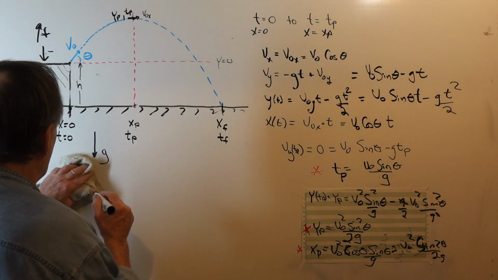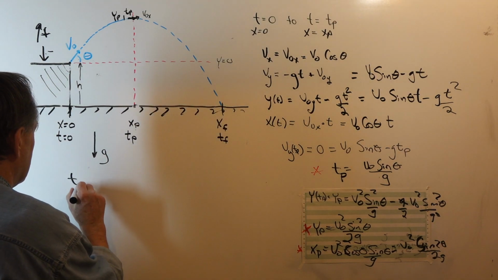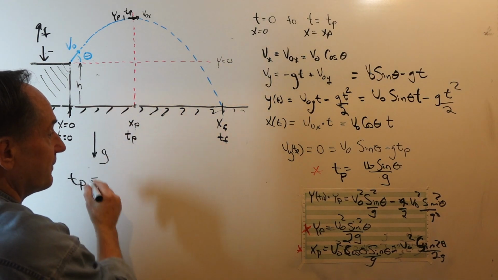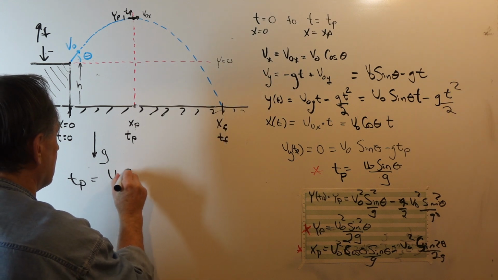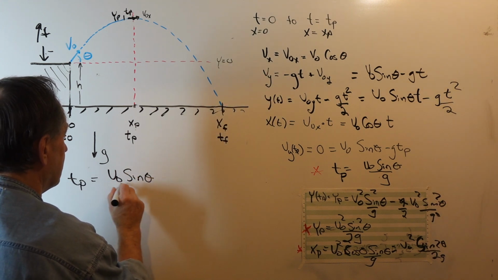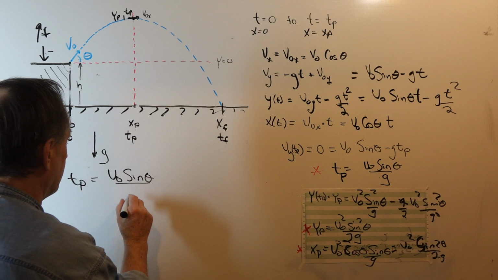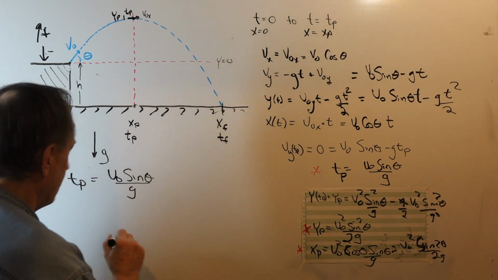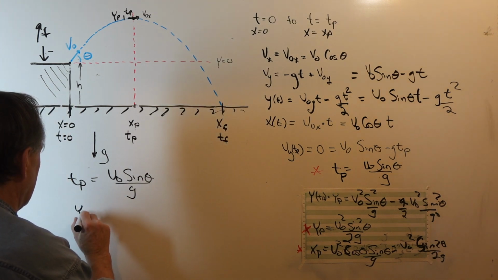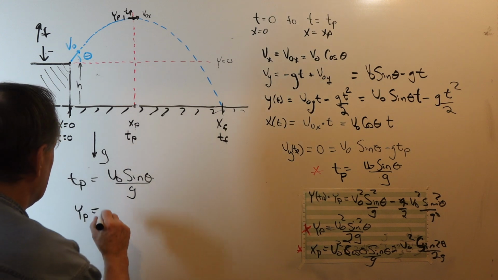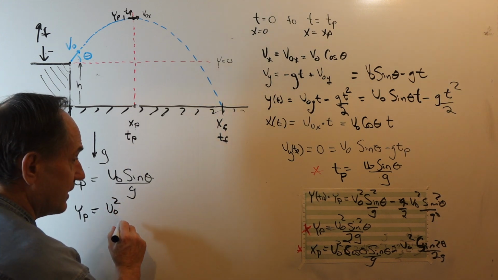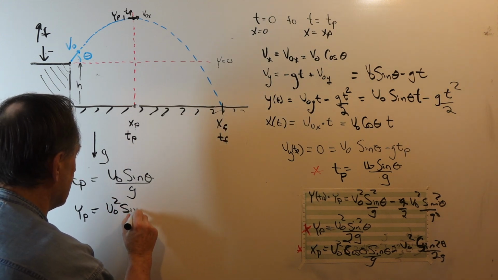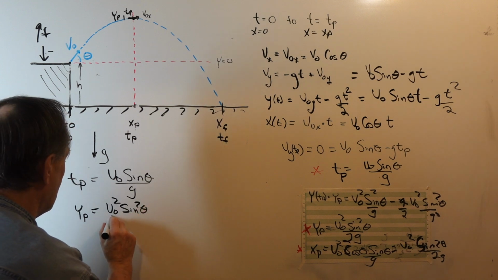So we have that t peak, the time to get to the peak, is v0 sine theta over g. The height that's reached is v0 squared sine squared theta over 2g.